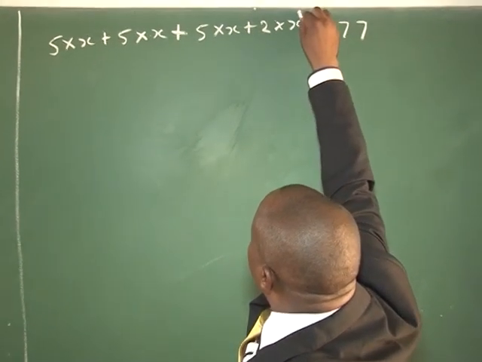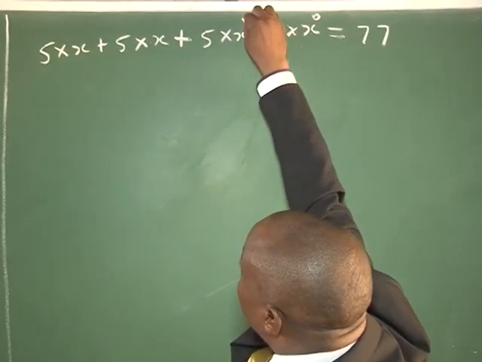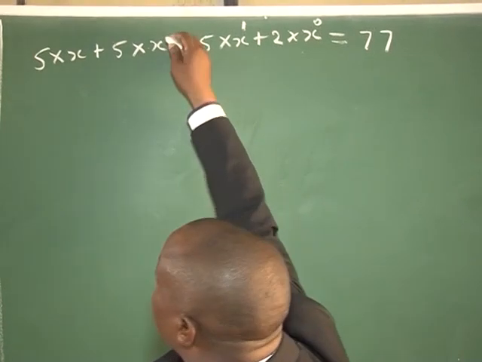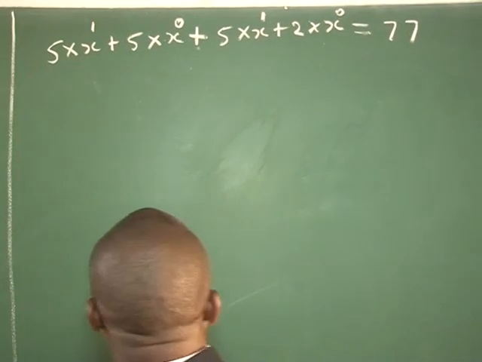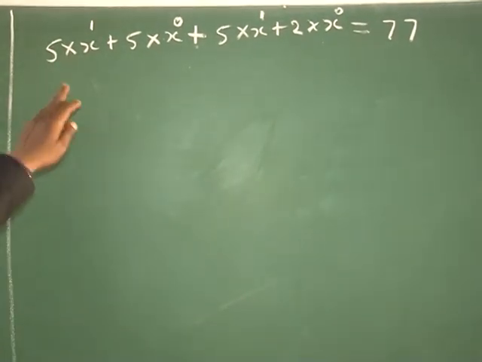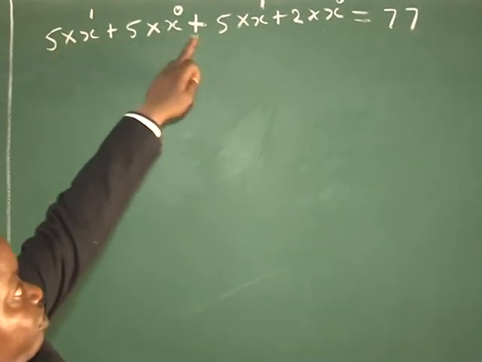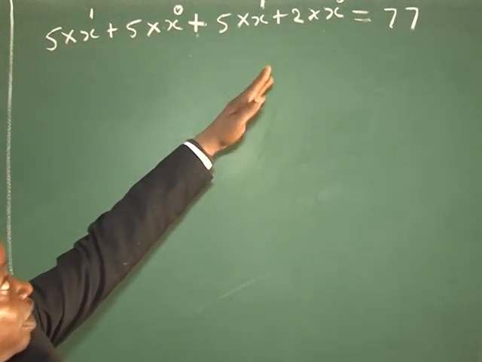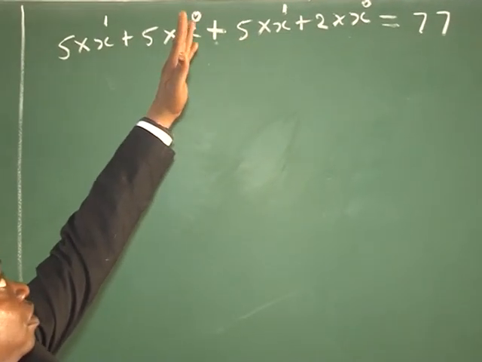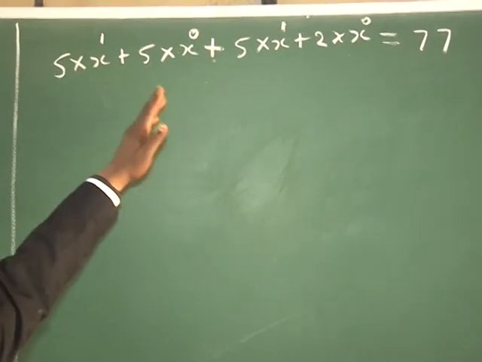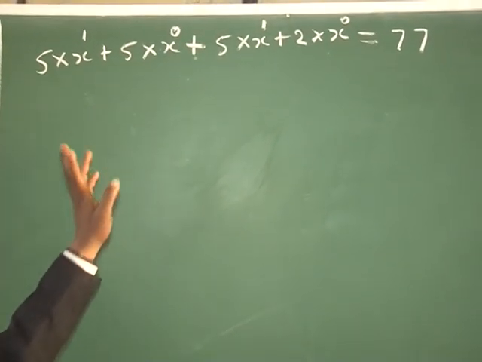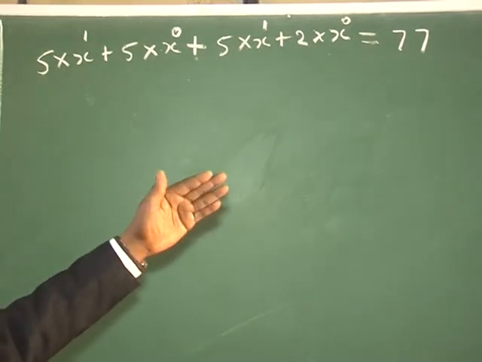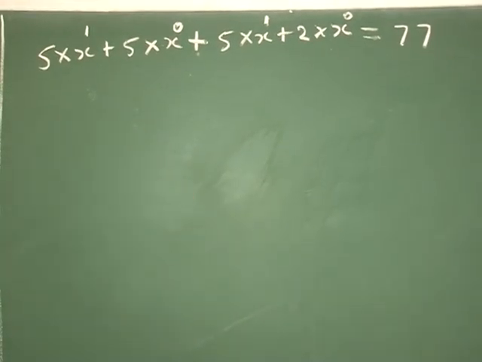So we start here, raise this to 0, raise this to 1. In this way, we also raise it to 0, we raise it to 1. The numbers were not joined together. If these numbers were to be 5, 5, 5, 2, then we would raise it 0, 1, 2, 3. But it was 55 to base x separately before another 52 to base x.